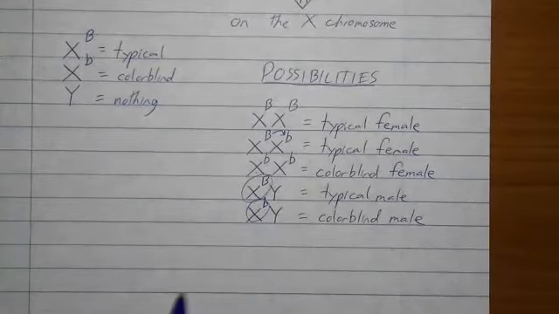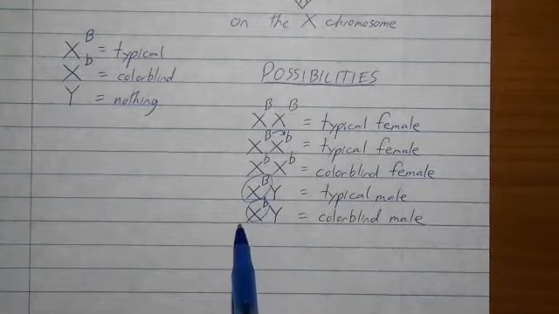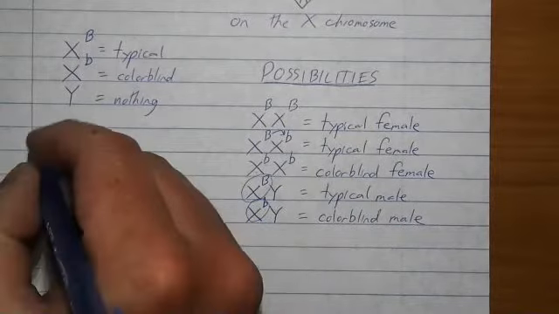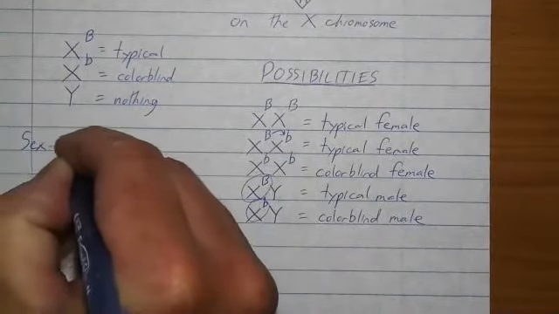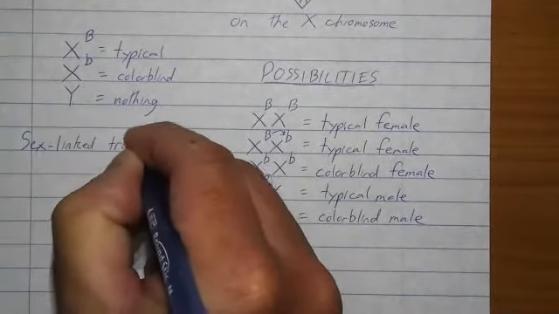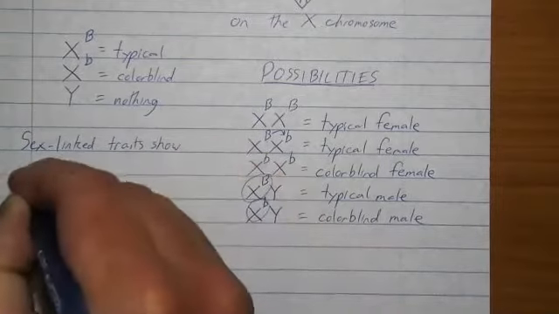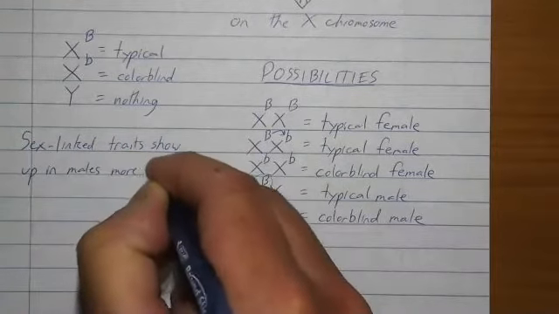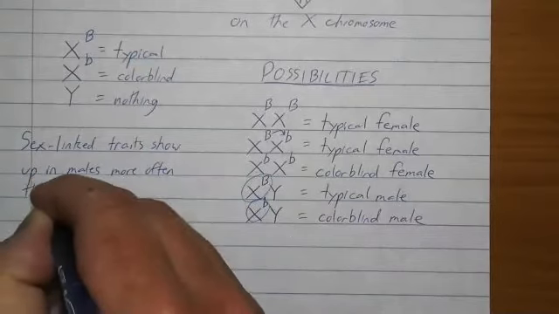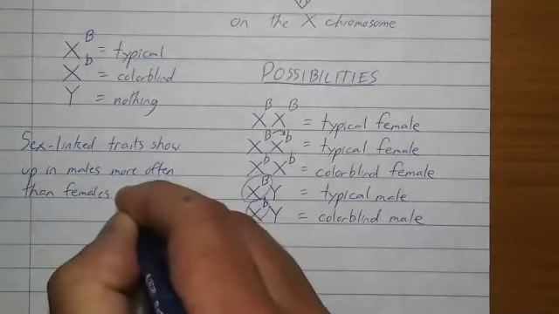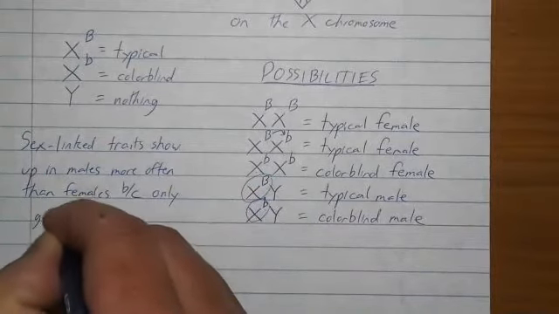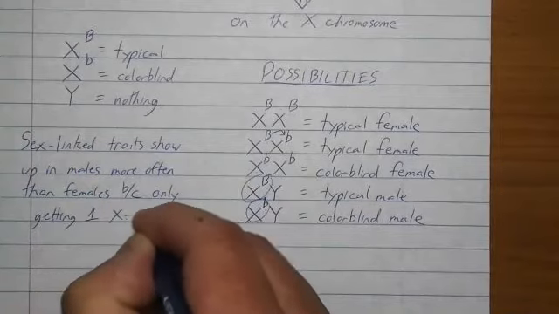Okay, so I just want to point that out. It usually shows up in men more often than it shows up in women. For instance, we see baldness in men more often than we see baldness in women. Okay, so let's make a little note of that. Sex-linked traits show up in males more often than females because of only getting 1 X chromosome.